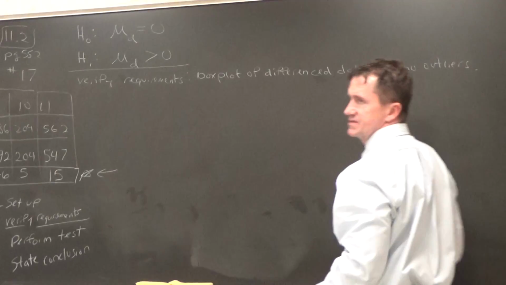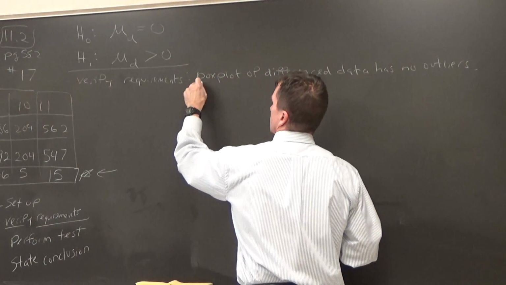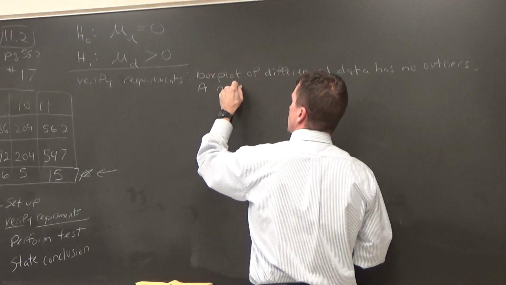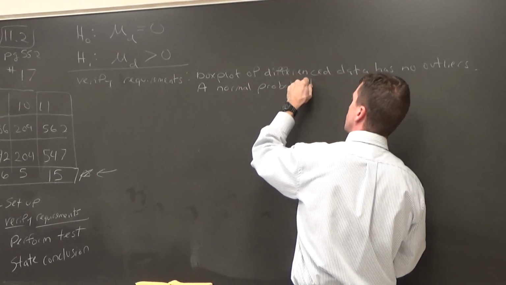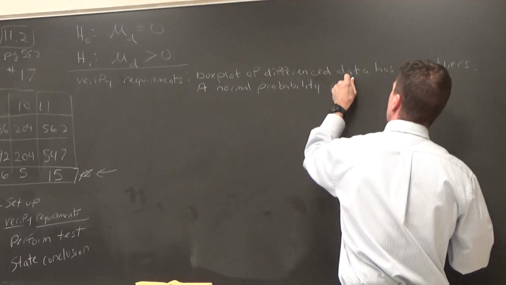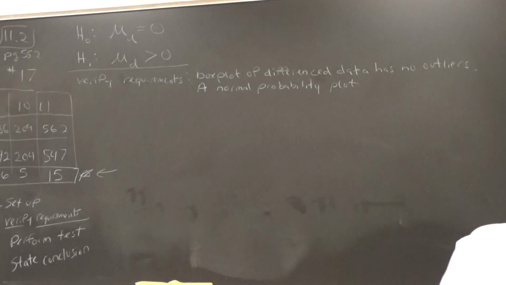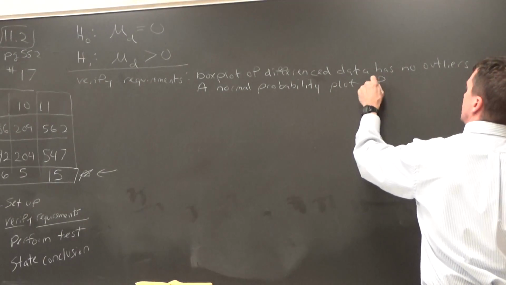Now whenever you need to write this down because we were told this. A normal probability plot, this would be told to you too, of the difference data.